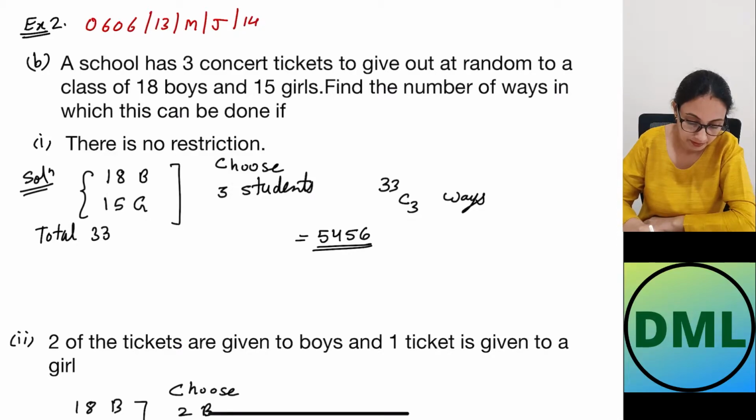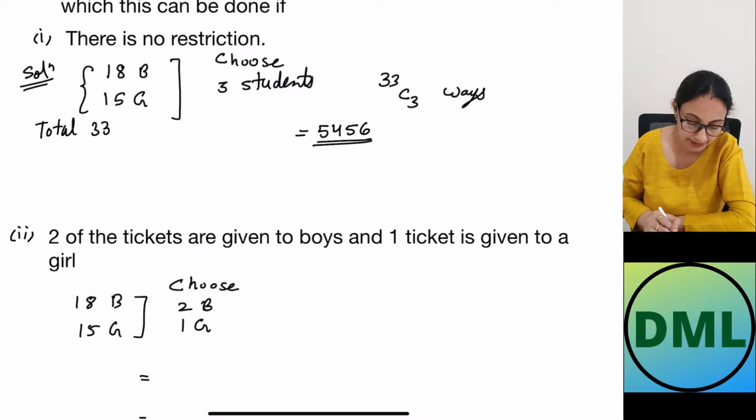Now 2 of the tickets are given to boys and 1 ticket is given to a girl. As you know, we have 18 boys and 15 girls. Out of that I have to give 2 tickets to the boys, so I have to choose 2 boys out of 18 boys. Now I have to give 1 ticket to a girl, so I choose 1 girl out of 15 girls.